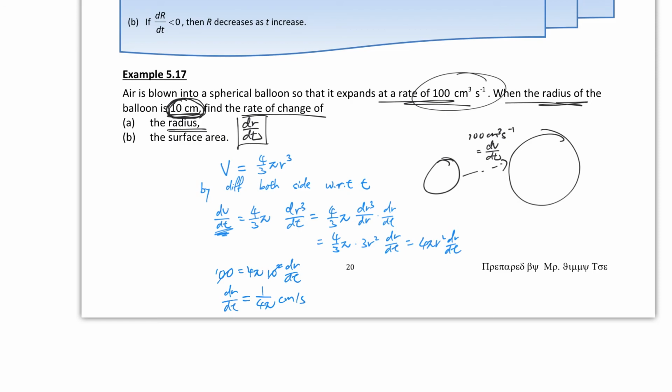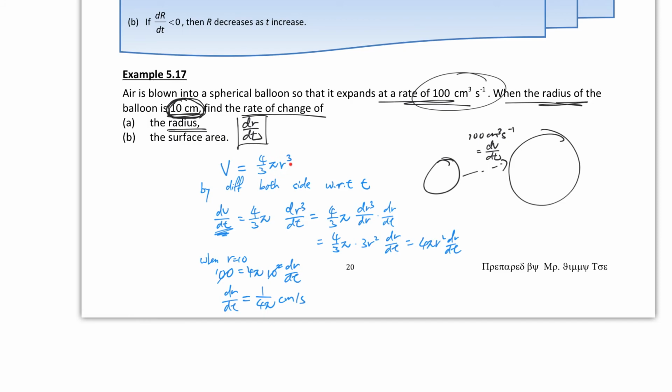Okay, remember you need to substitute r is equal to 10 in the last part, because if you substitute r equal to 10 earlier, then you would find the exact value of volume, and this is a constant.